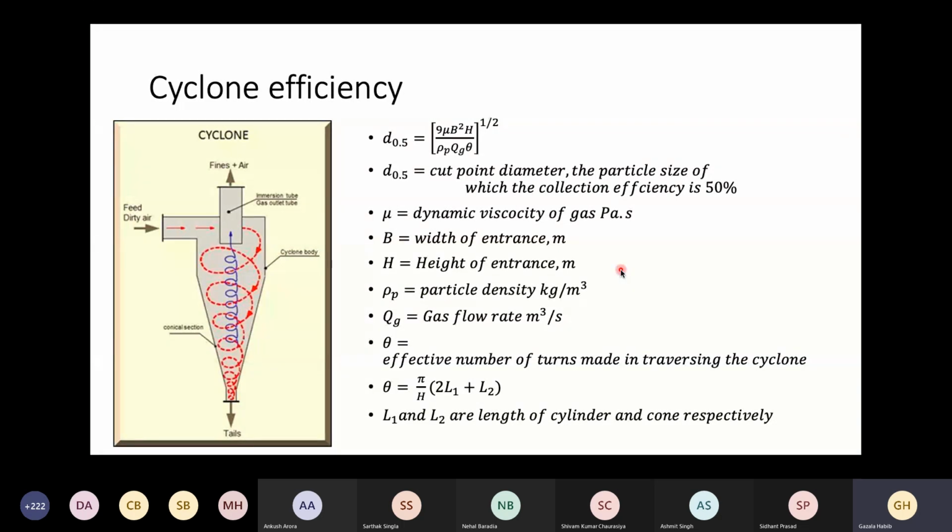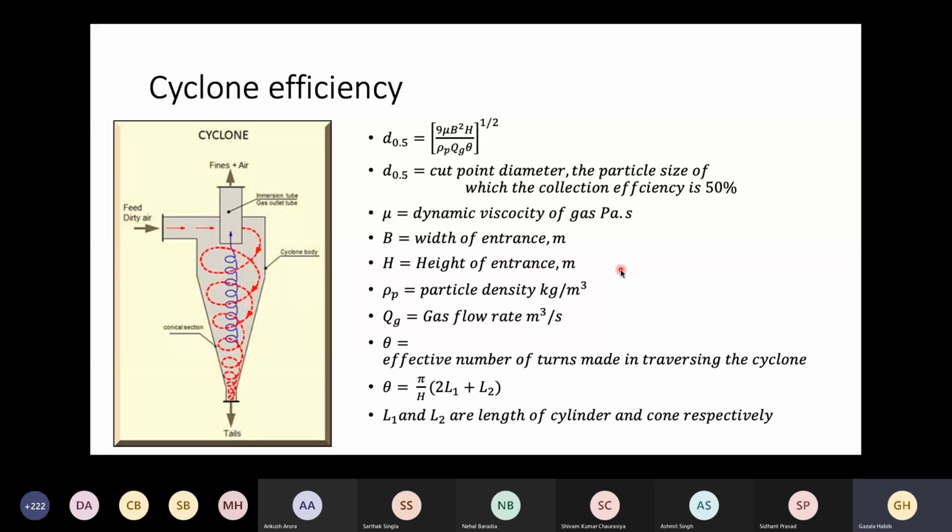Once you plot that distribution, you will find that there is a peak number concentration or mass concentration corresponding to a certain particle size.